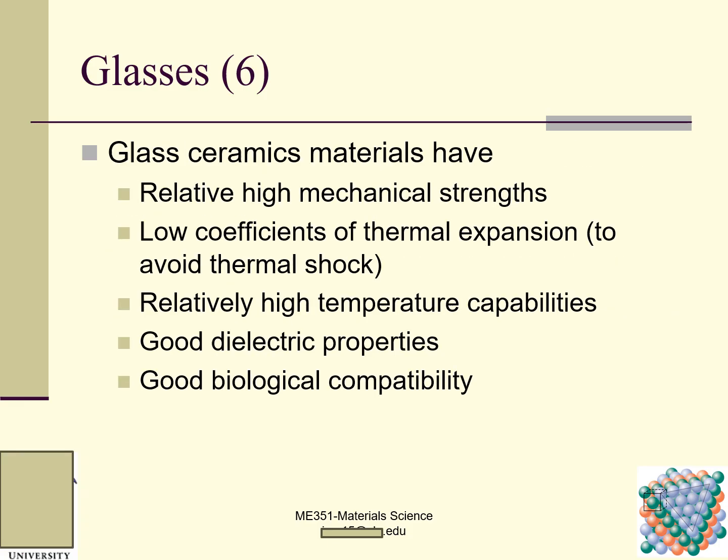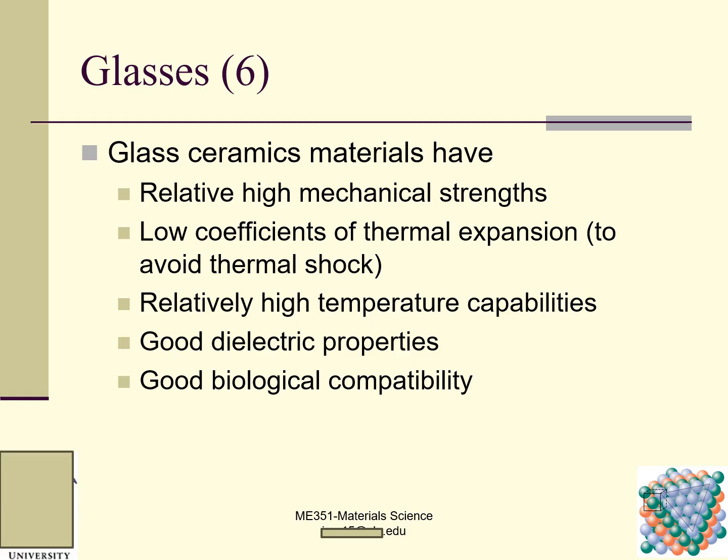No question. Then we talk about these glass ceramic materials, and they have the following very beautiful properties. For example, relatively high mechanical strength, because it's brittle, I'm talking about compressive strength. Low coefficients of thermal expansion, to avoid thermal shock. Thermal shock means that if we elevate the temperature, this sample will expand substantially.